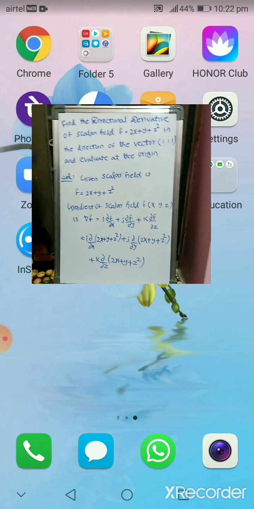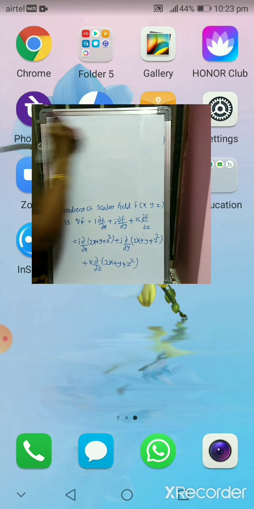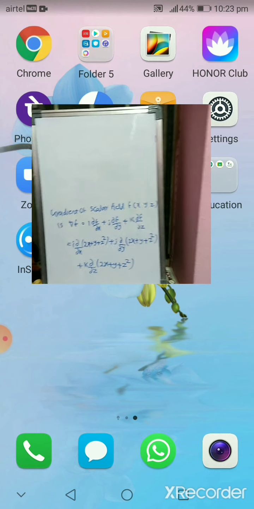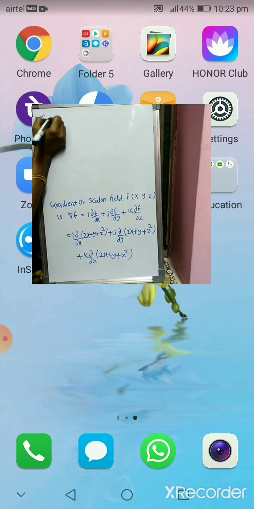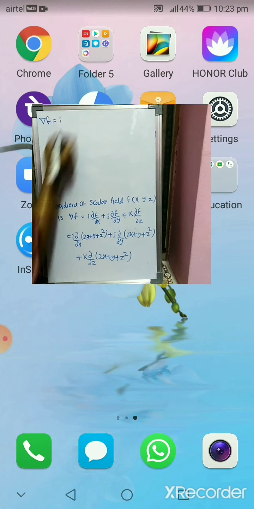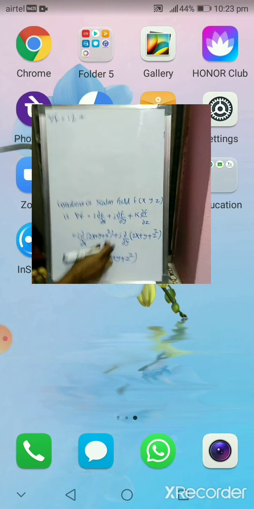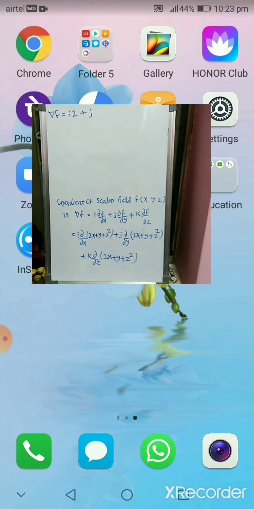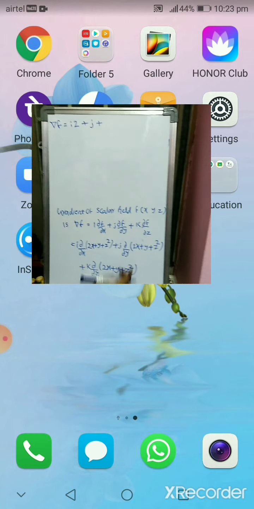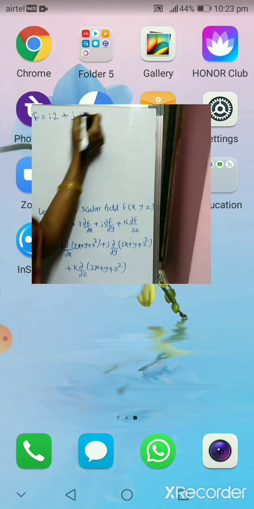So we differentiate with respect to x, y, z. So we find grad f. Grad f is equal to i with respect to x, that is 2, plus with respect to y, that is j, 1, plus with respect to z, that is 2zk.